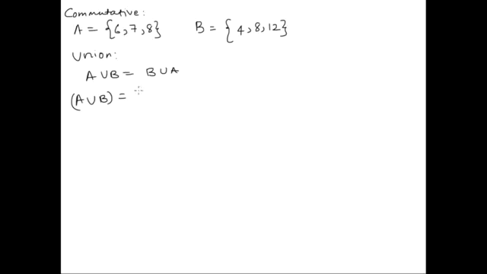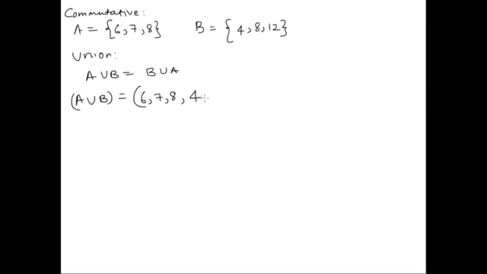We have to list the union. If you guys don't know how to do this, I have a few lectures on this. Please go back and visit them. I will also leave these links in the description below for you guys to check it out. So A union B is, first let's write all the elements of A, 6, 7, 8, and then of B without repeating any elements.